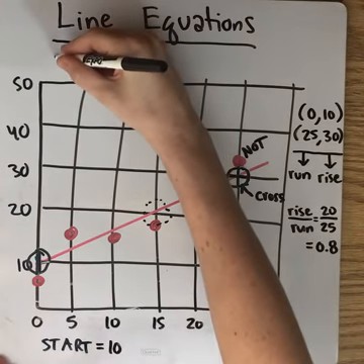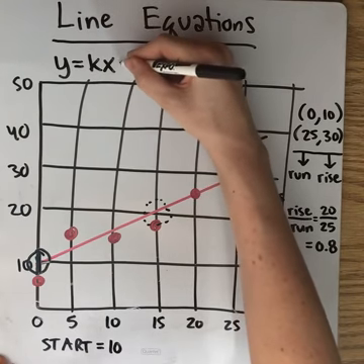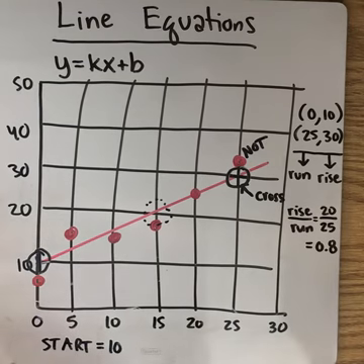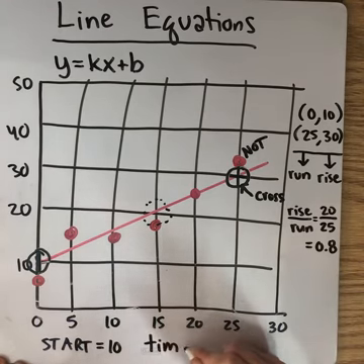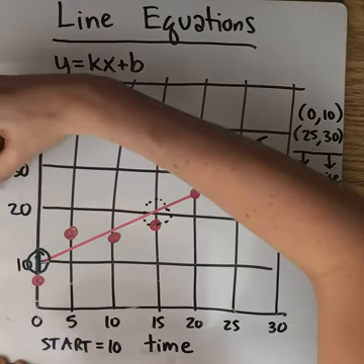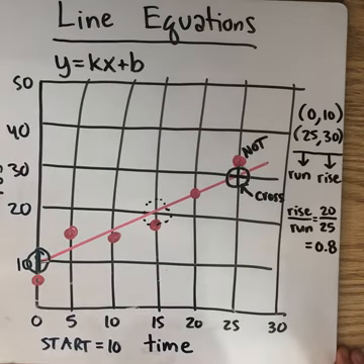First, I'm going to start with the general equation of a line, y equals kx plus b. And I'm going to start making replacements. Oops, I forgot to tell you. This is a position versus time graph. That's going to matter in a moment.